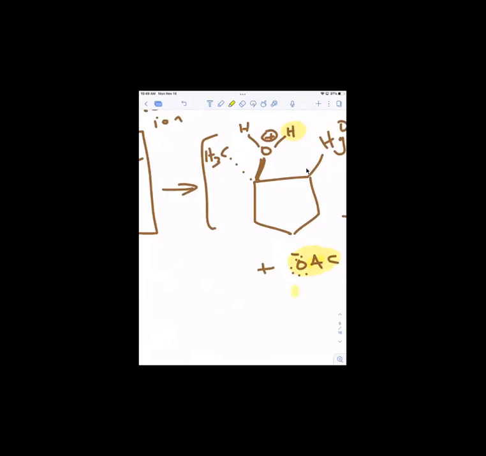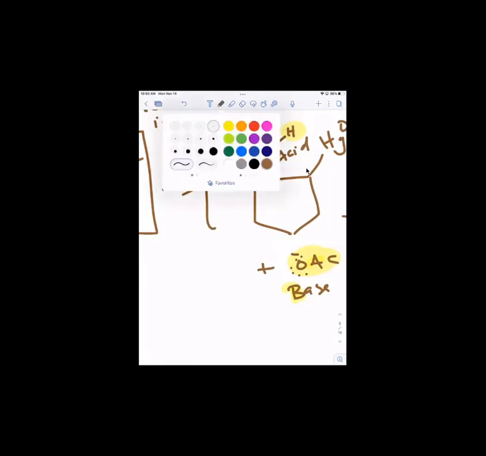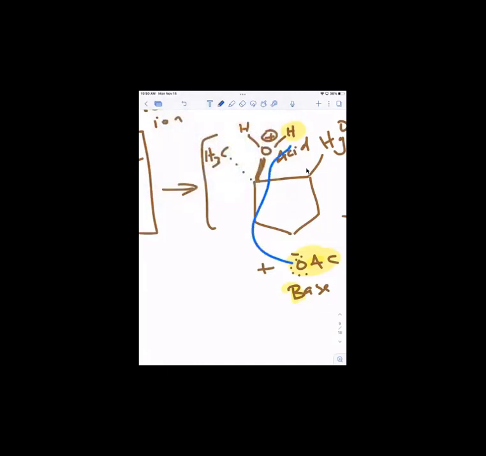If this is the base, again, nucleophile, electrophile chemistry, acid-base chemistry. That's the base. This is the acid. What would you do if you wanted to pull off that proton? Can you do a proton transfer like this?